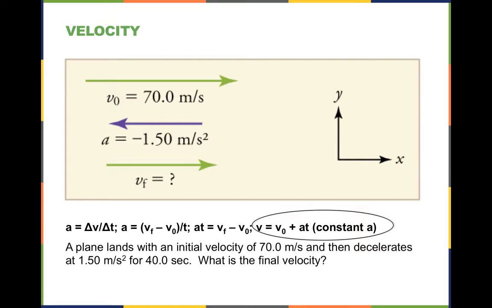Now let's use this equation. So we had a plane traveling from left to right at 70 meters per second, positive number, and it decelerates, and that deceleration also happens to have a negative sign. It decelerates at 2.5 meters per second squared for 40 seconds.